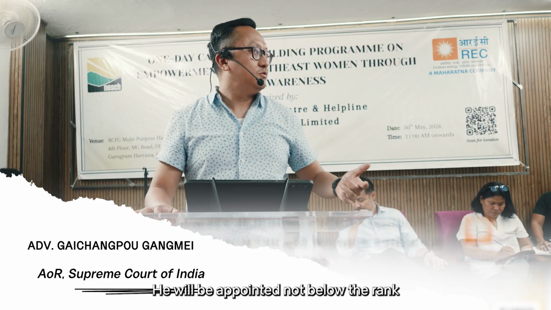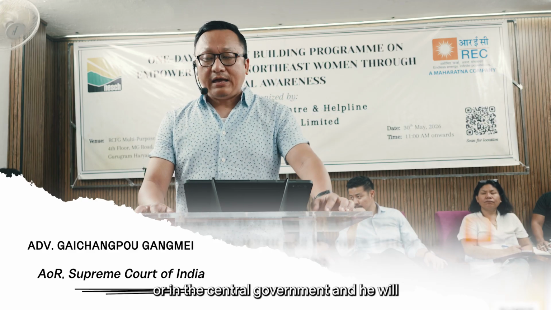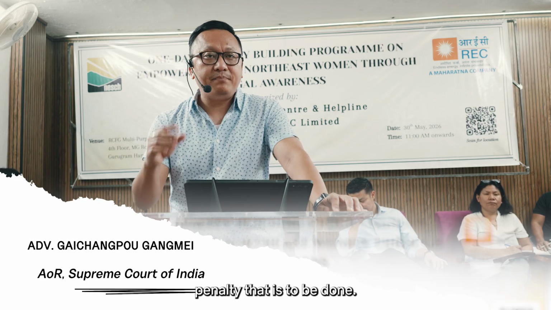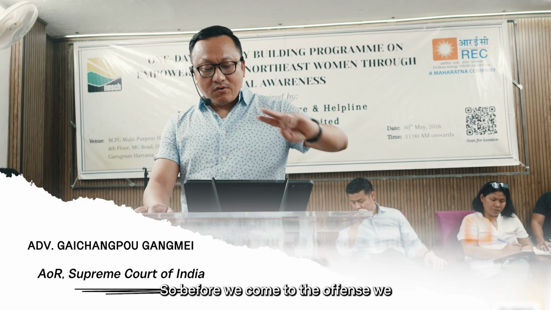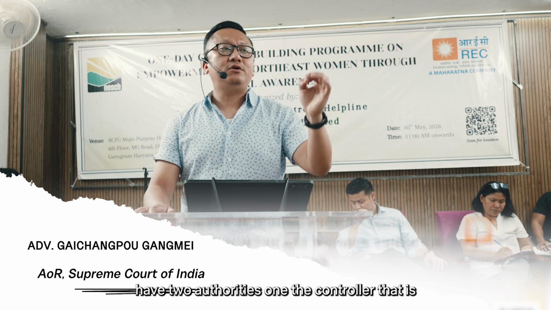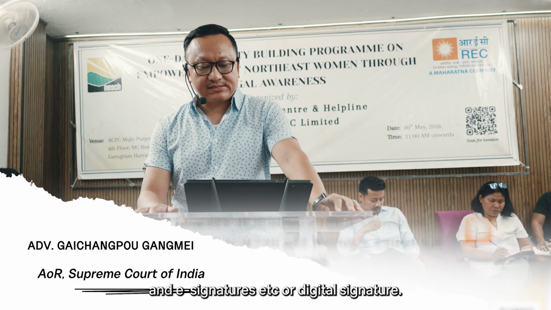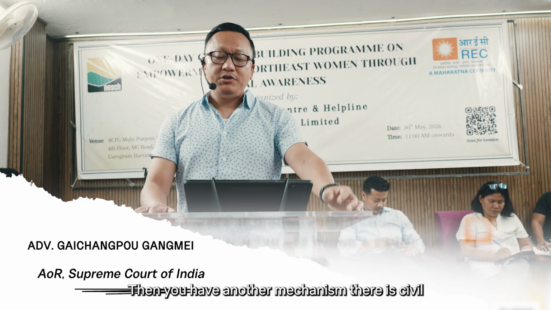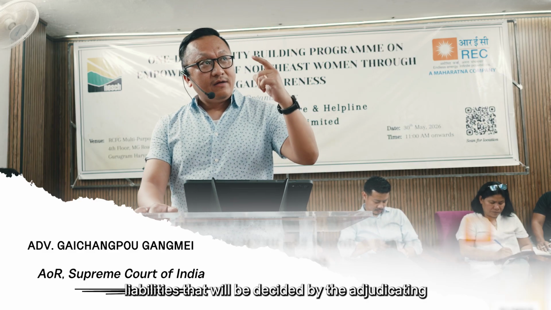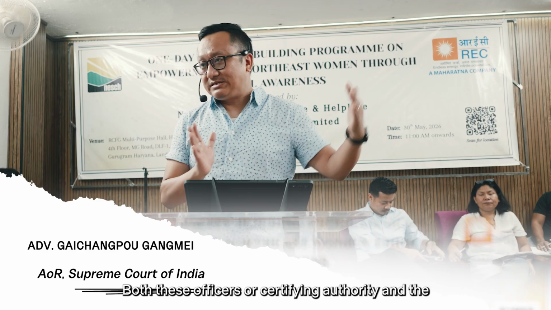He will be appointed not below the rank of a director, either in the state government or in the central government, and he will adjudicate as to what is the compensation, the penalty that is to be paid. So, before we come to the offense, we have two authorities. One, the controller, that is the certifying authority for e-commerce, e-documents, and e-signatures, or digital signature. Then you have another mechanism, that is civil liabilities, that will be decided by the adjudicating officer.